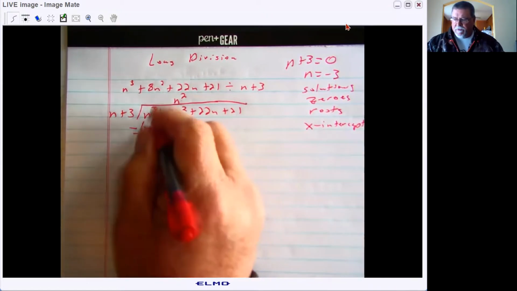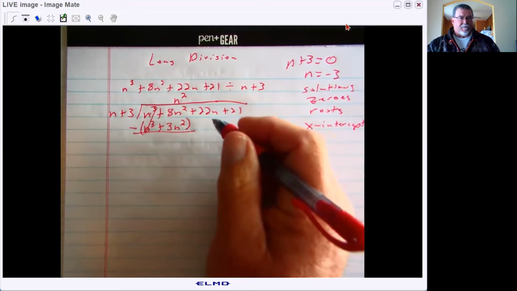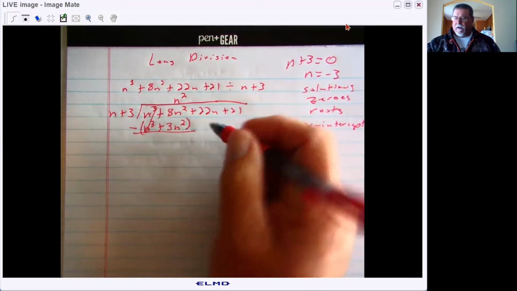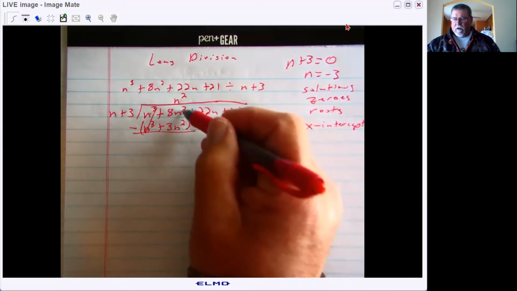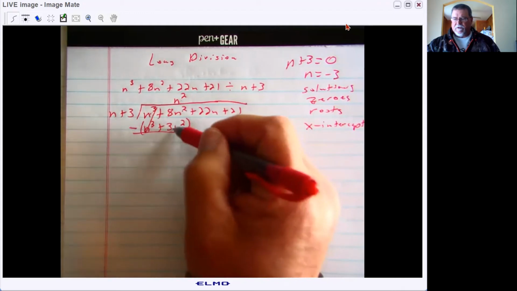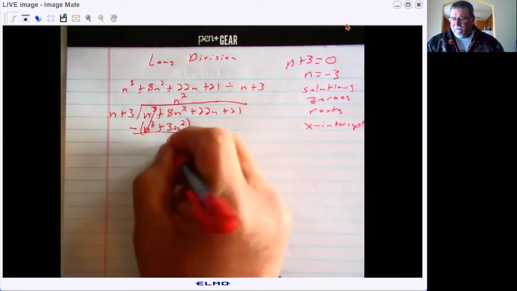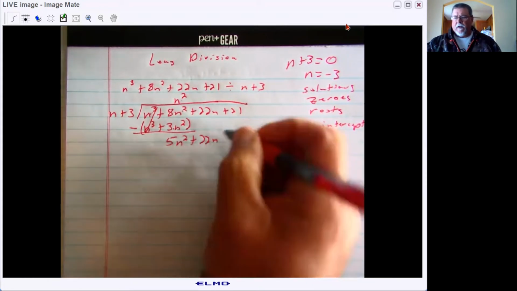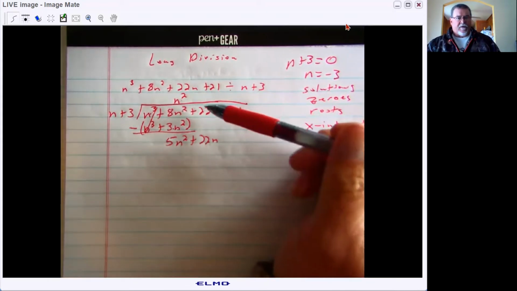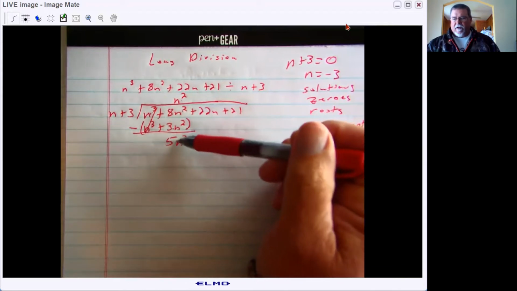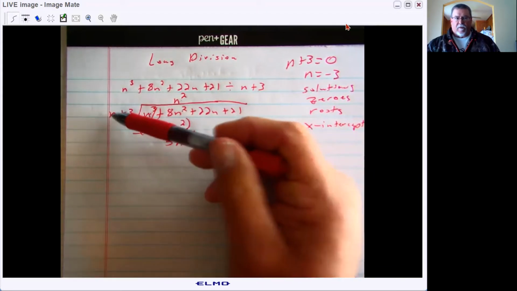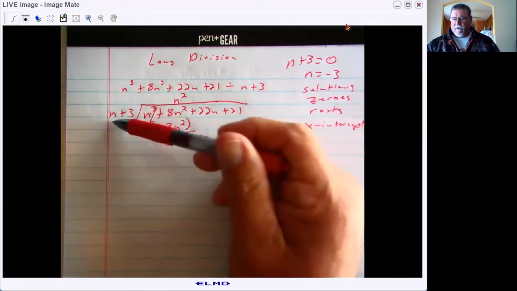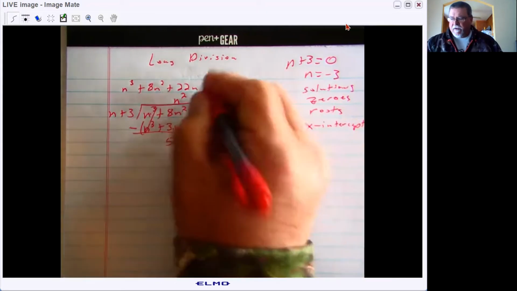All right, now what happens when we do n cubed minus n cubed? That'll be 0. Those are done away with. Now we have 8n squared minus 3n squared. The result is 5n squared. Bring down your next term, and again, do what we did the first time. Divide the leading term by the leading term. 5n squared divided by n would be 5n.